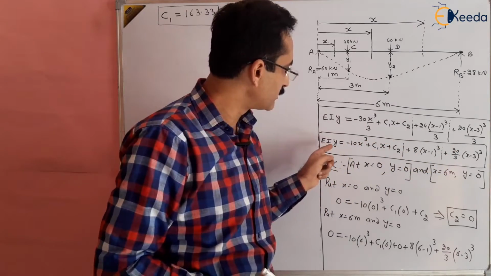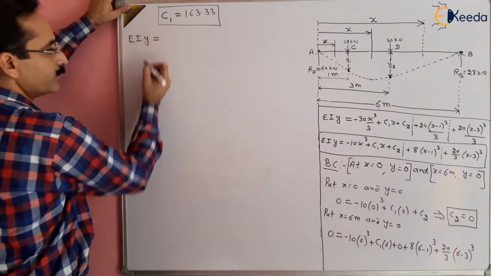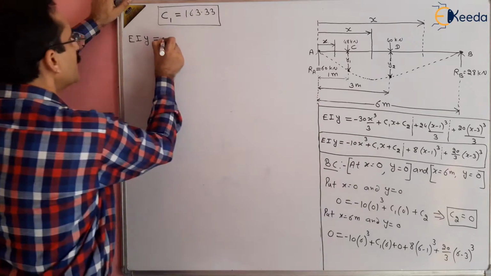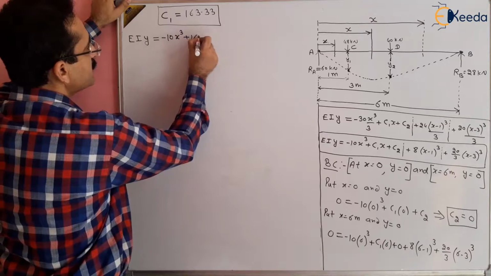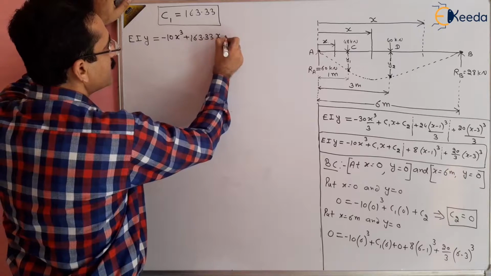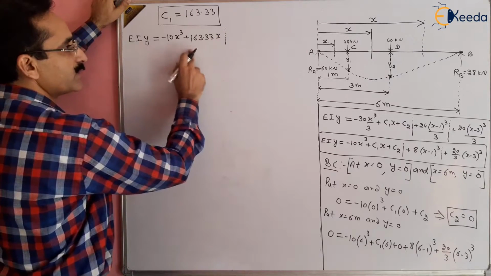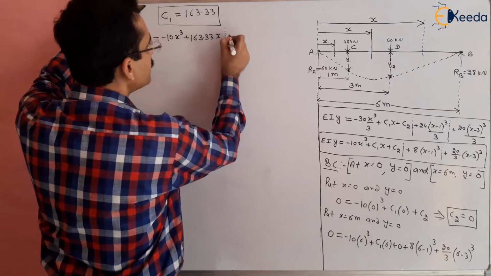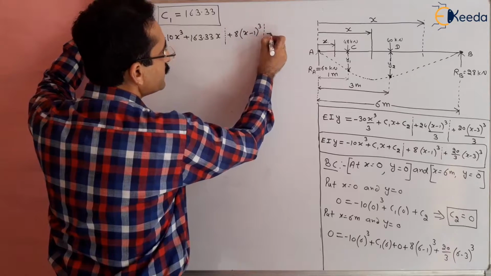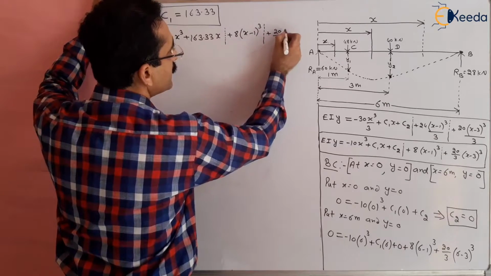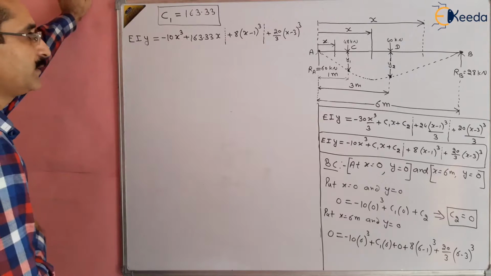Now the deflection equation is known to us: EI y will be equal to minus 10 x cube plus C1, which is known, 163.33 x, C2 is 0, plus, and this is the deflection when we are using A to C, which is valid between A and C, 8 times x minus 1 cube plus 20 by 3 times x minus 3 cube. So this is the deflection equation, right?